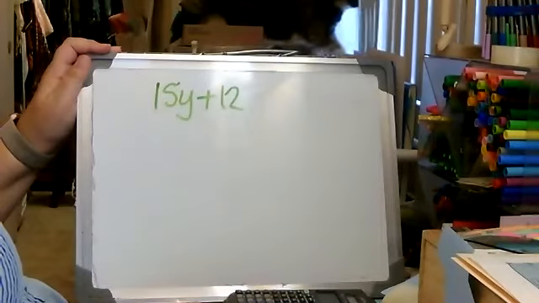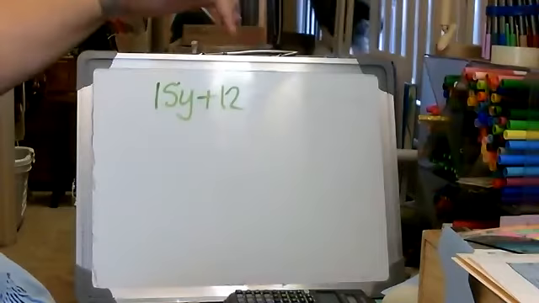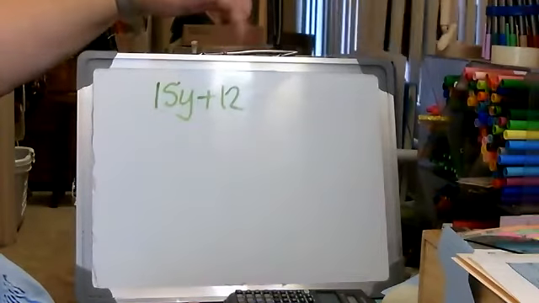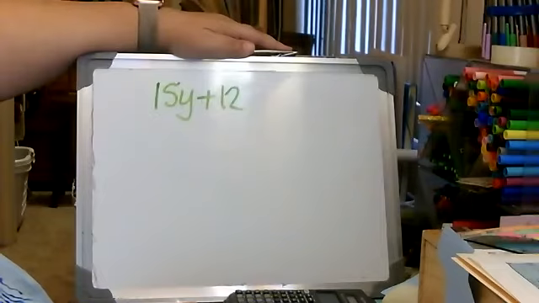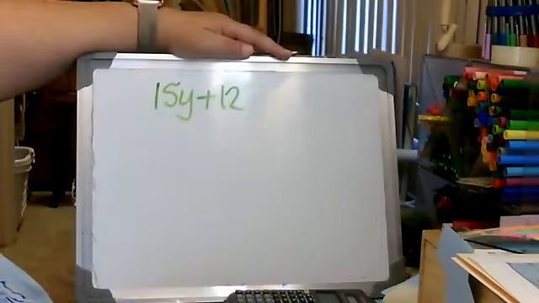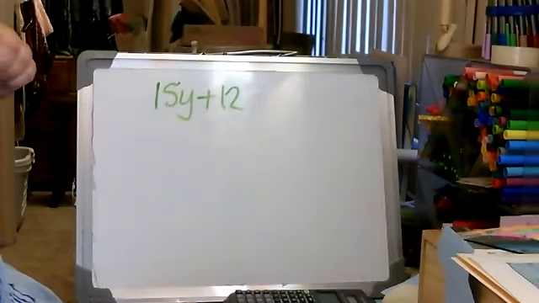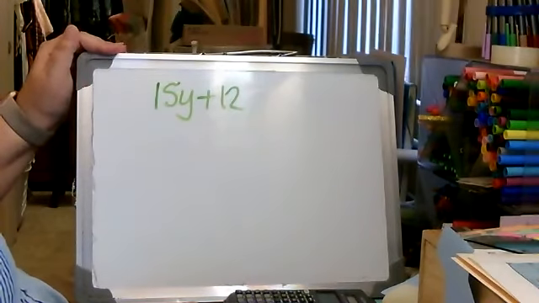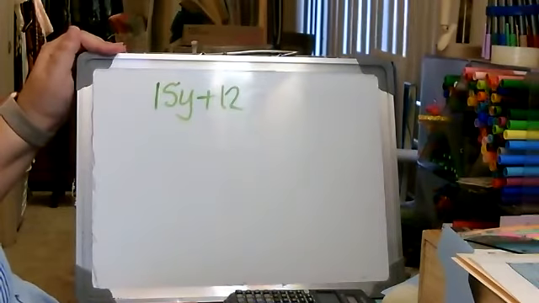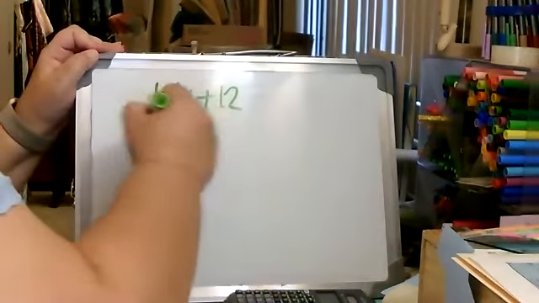So we ask ourselves, what is the greatest common factor of both of these terms? The GCF of both of these terms, 15 and 12. That would be 3. So what we're going to do is pull that 3 out of both of these terms. We're going to stick a 3 out here.